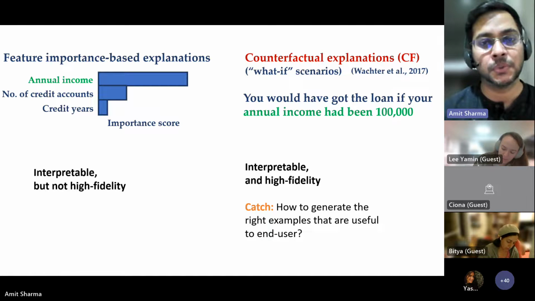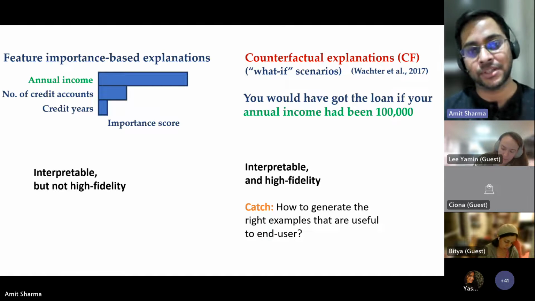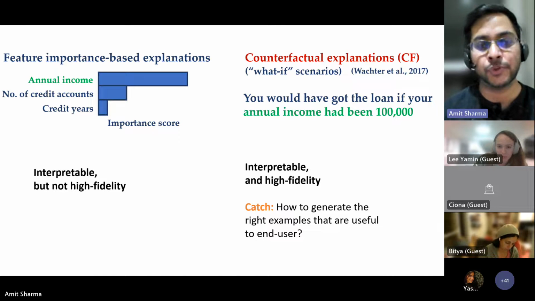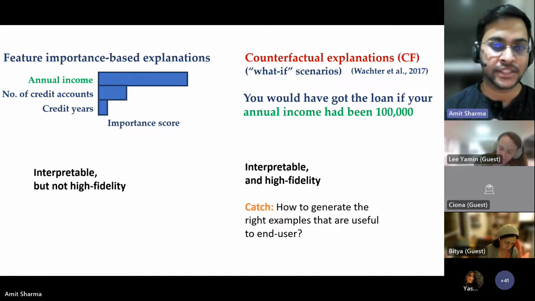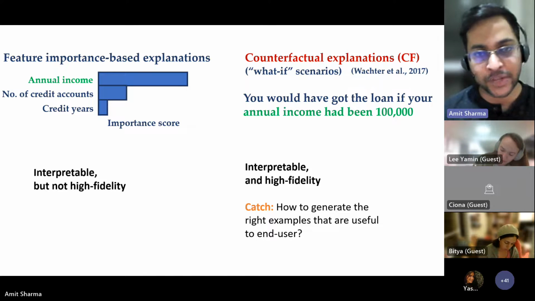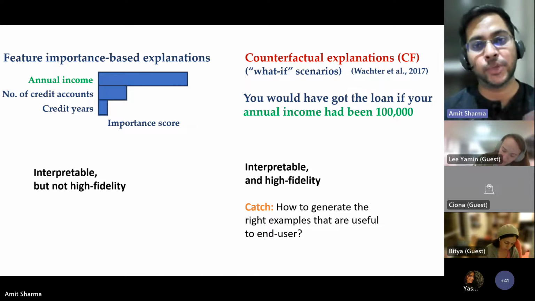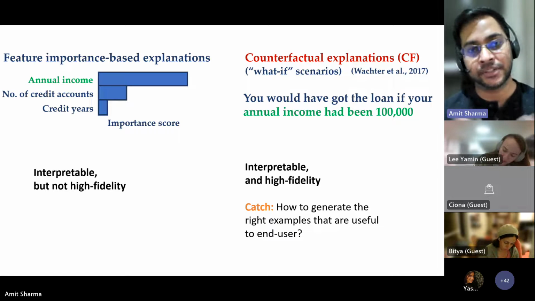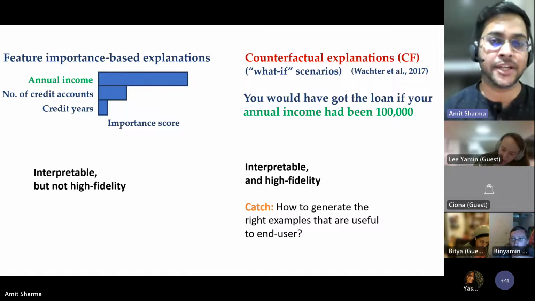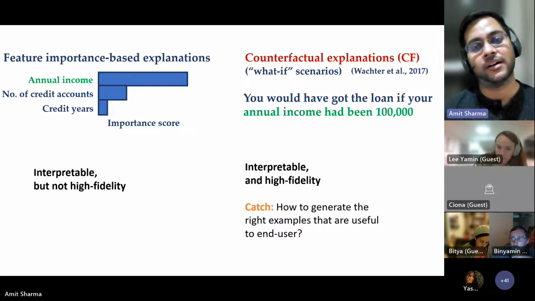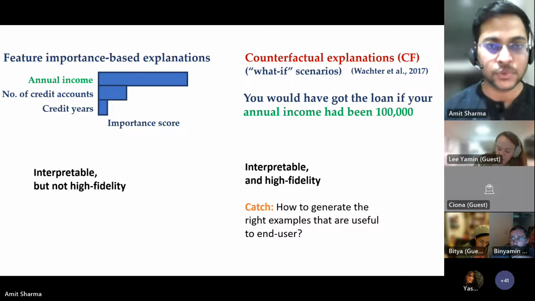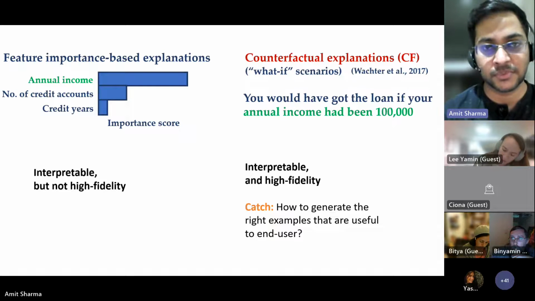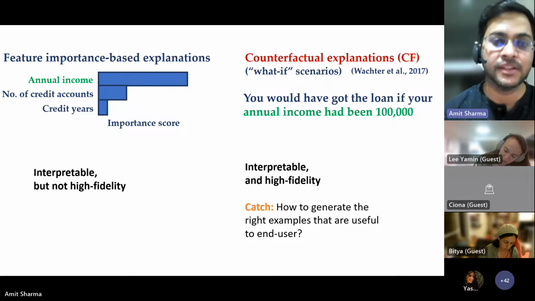So how to generate these explanations so that they are actually useful to the person is the research question here. Which example should I choose? Which feature should I choose? And then which value should I choose? If it's 100,000, is it the smallest possible change that I should make? Is it the most realistic change that I should make? And so on. So I think that's where the research comes in, counterfactual explanations.